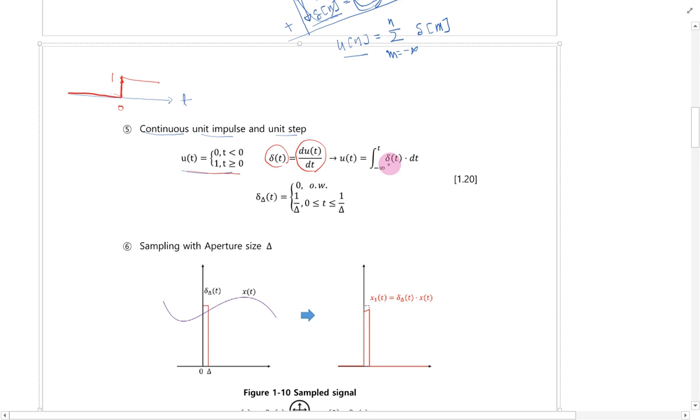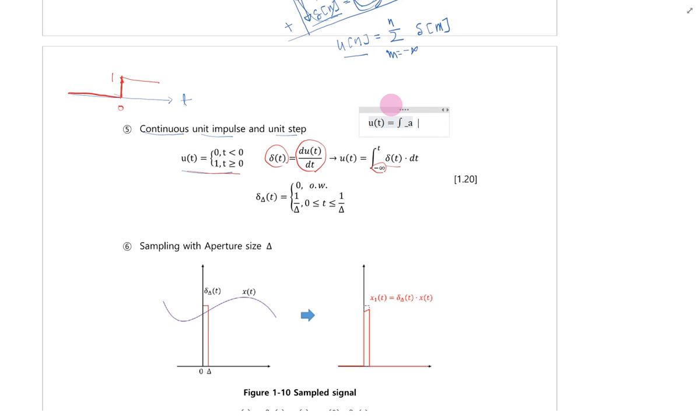So by taking the integration of the delta function with respect to time from minus infinity to t, okay, here is some ambiguity, so I'd like to correct these equations. u(t) should be expressed in this way, the integral to t, where the lower limit should be minus infinity, and delta of tau we have to integrate in this way.